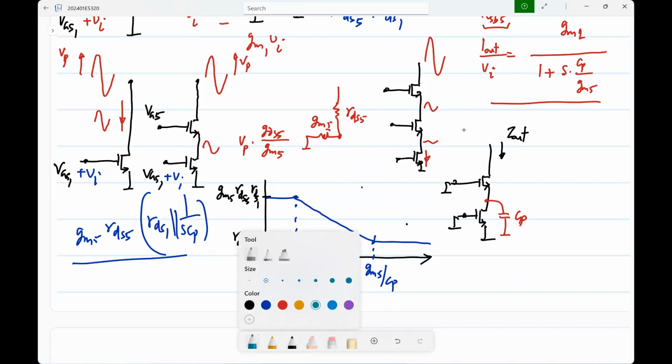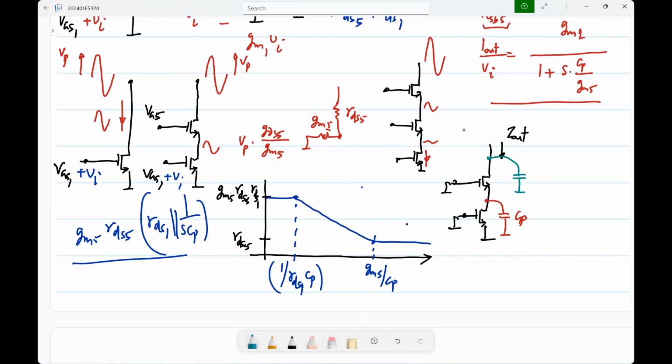Now this is of course accounting only for that capacitor. If you have this one here, Cp prime, what happens to that? I have another capacitor there. How will you now solve this? Whatever we have already plotted in parallel with 1 by SCP. So we don't know where that will be.